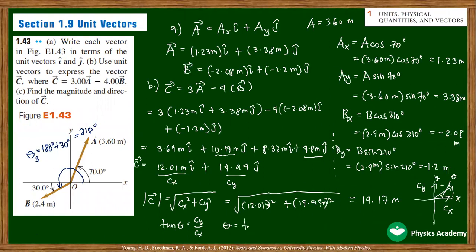So theta is the tangent inverse of Cy over Cx, which is the tangent inverse of 14.94 over 12.01, and that is 51.2 degrees.